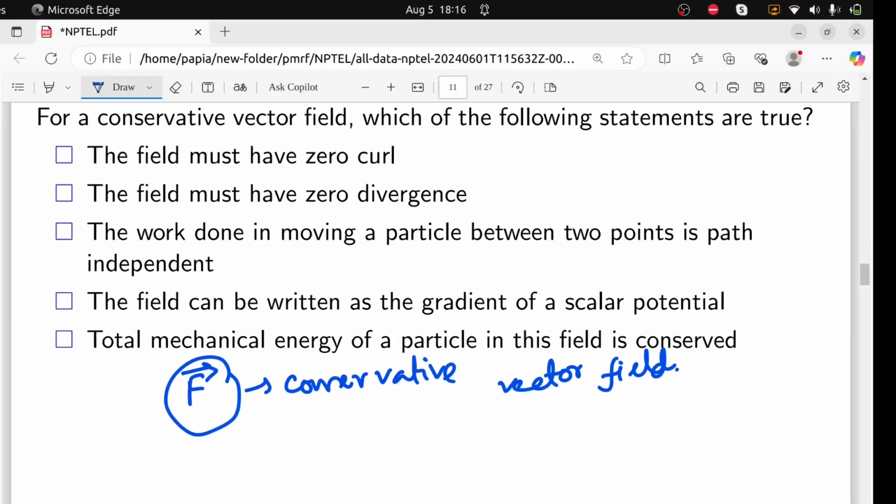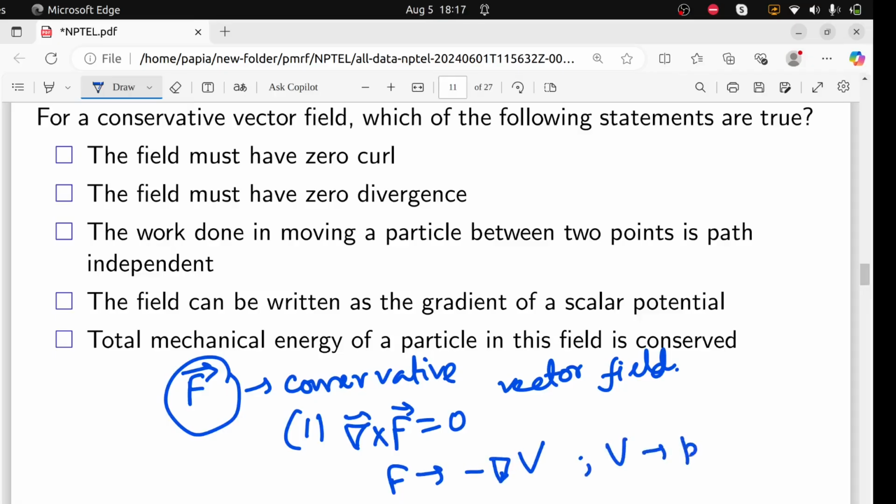First of all, there are some criteria to be a conservative vector field. The first criterion is that curl of F should be 0. F can be written as minus grad of V, where V is a potential.